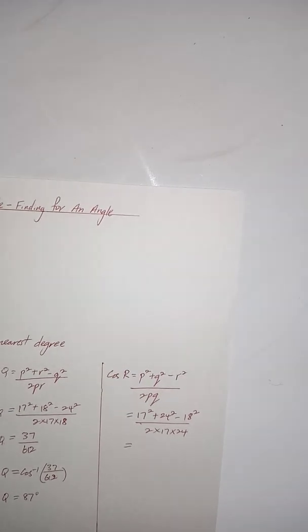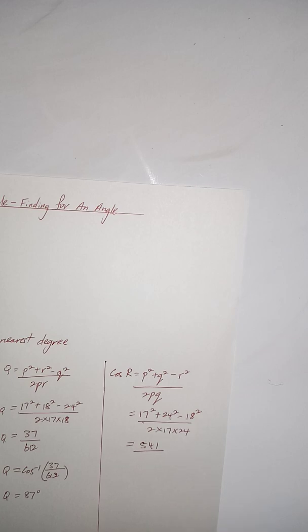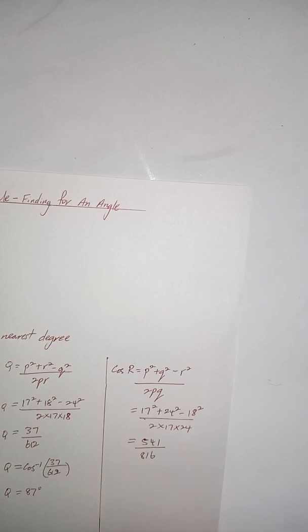Now we'll use our calculator. 17 square plus 24 square minus 18 square gives us 541. Divided by 2 times 17 times 24, which gives us 816.